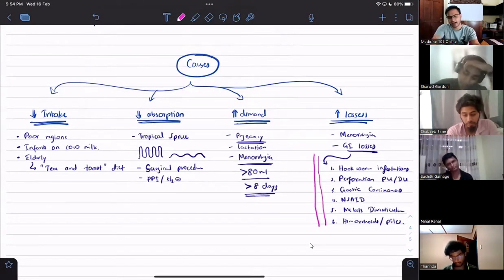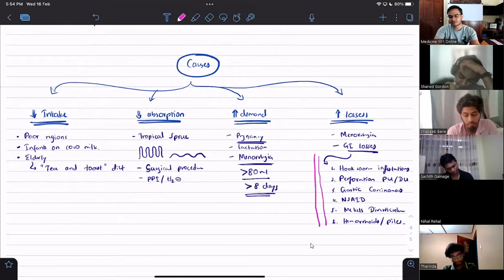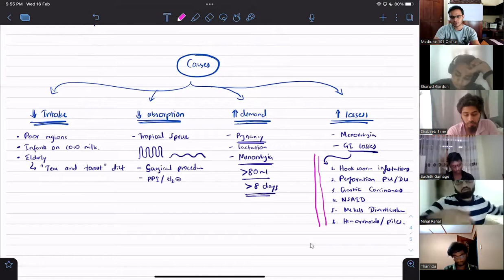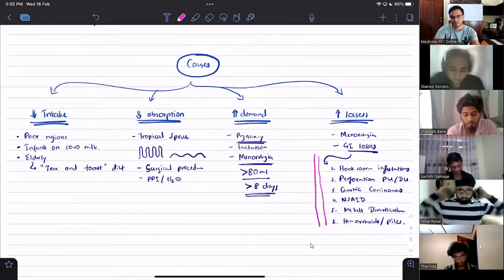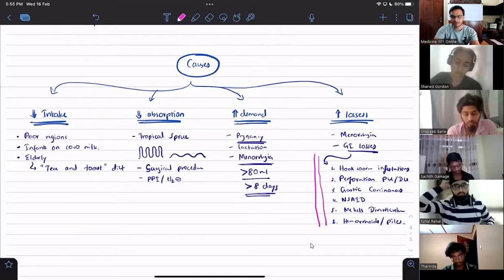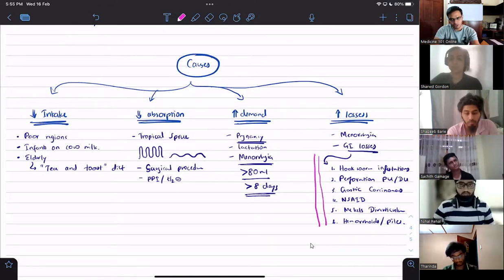These are not very high yield, guys. You don't commonly come across these conditions. The main cause of iron deficiency is poor intake. Then you have all of these other reasons, pregnancies, menorrhagia, all of these are much more common. The GI losses are not very common, hookworm infestations, perforating ulcers. But why did I want to inform you of this?